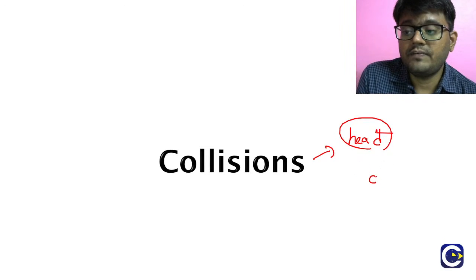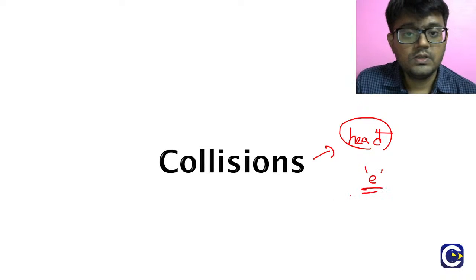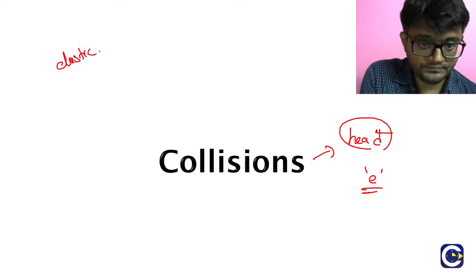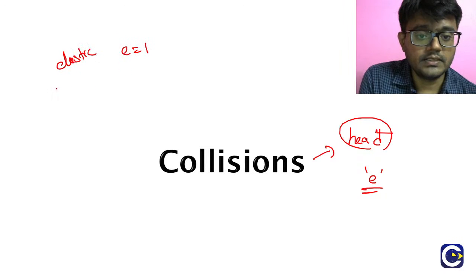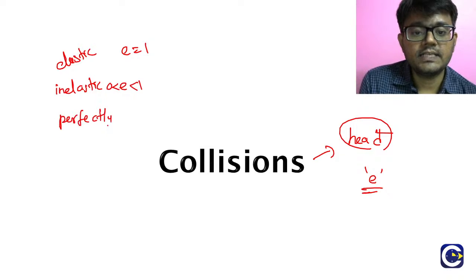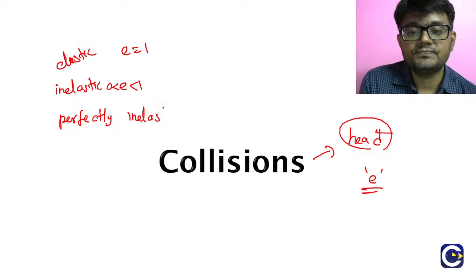By using the coefficient of restitution. For perfectly elastic, E is equal to 1. Inelastic, E is between 0 and 1. Perfectly inelastic, that is what we call plastic, the value of E will be 0.